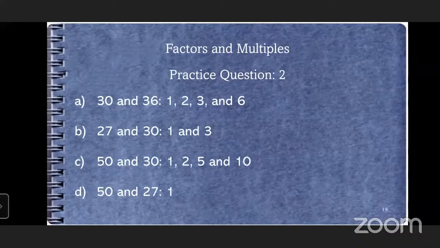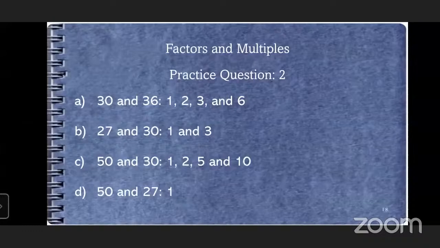So we have to take out the common factors of these two numbers. First is 1, that's common for all. Second is 2, 3, and 6. 2, 3, and 6. B, 27 and 30.